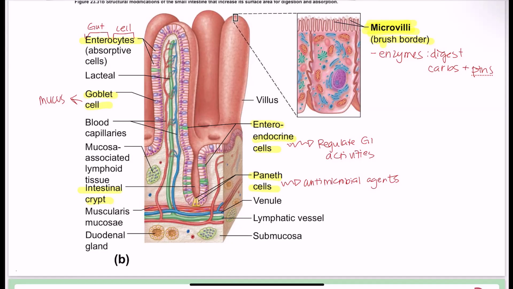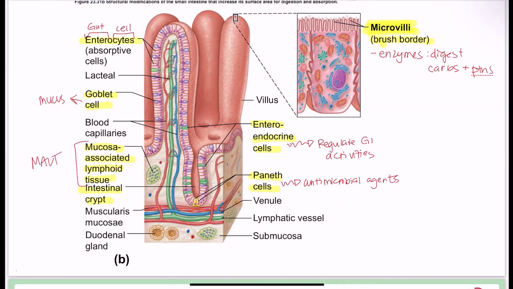But we also have those lymph functions here. We have that MALT tissue, mucosa-associated lymphoid tissue. That's MALT. And like our Peyer's patches, right?